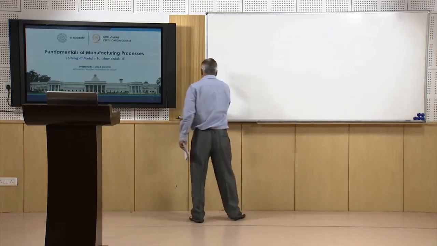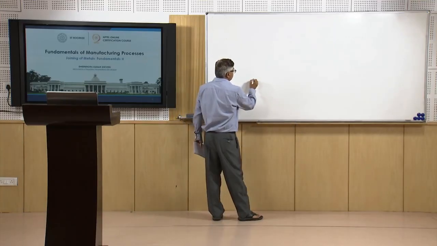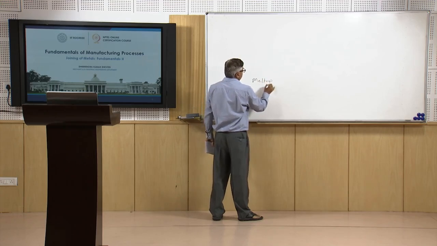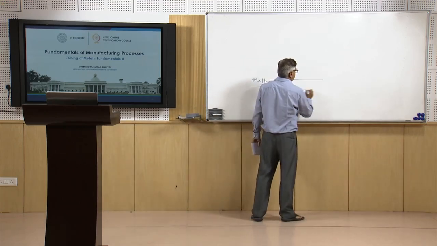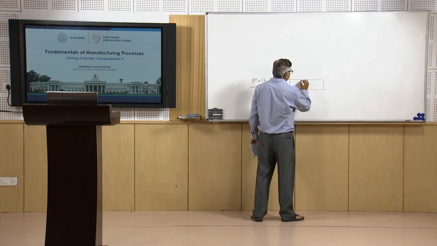Now, we know that whenever the metal is melted during the welding, melting of the metal increases the temperature as well as brings the part of the metal in the molten state.